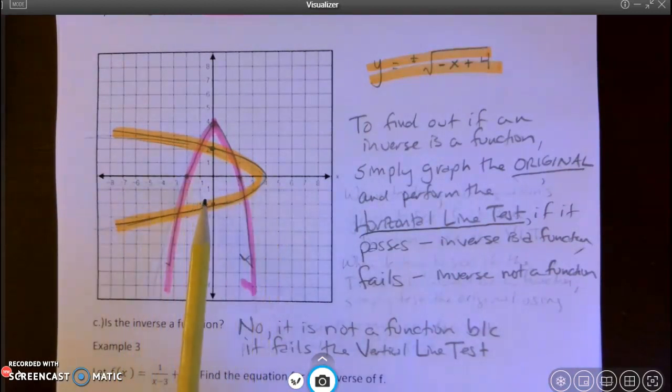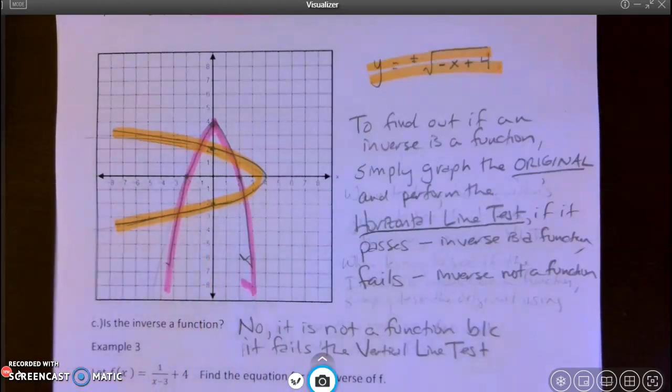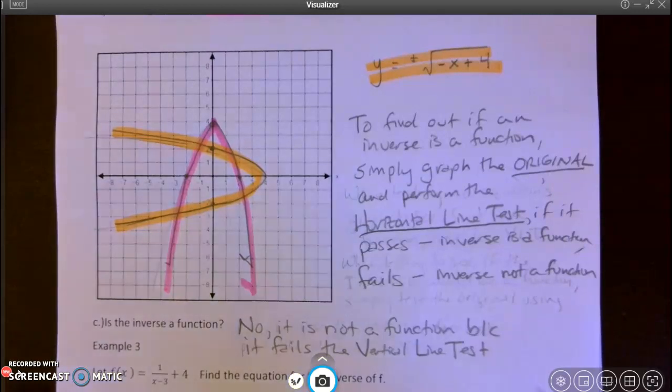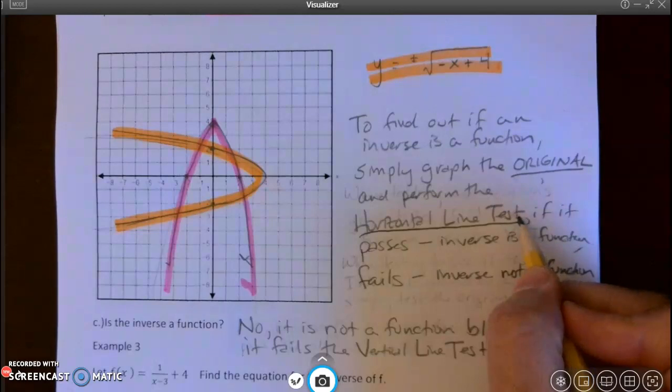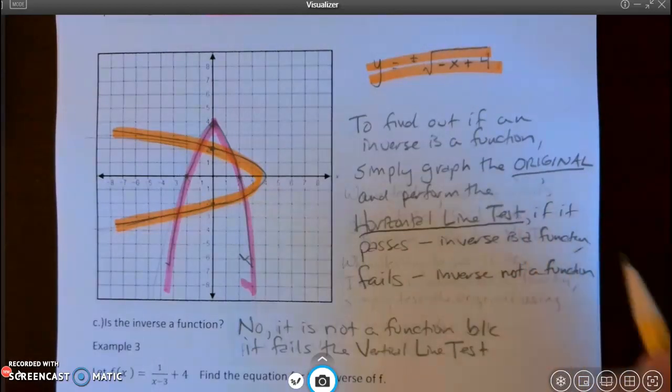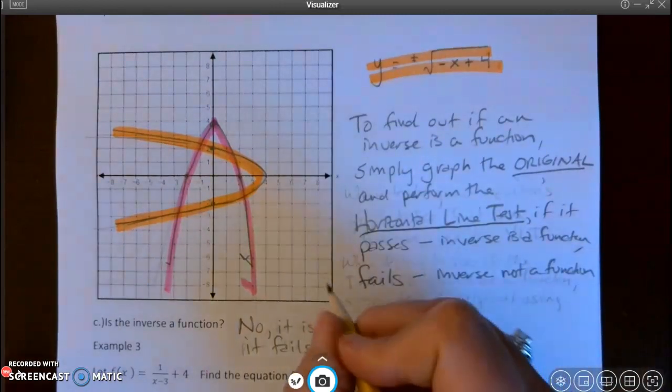Therefore, the inverse is not a function. So the horizontal line test is not performed on inverses. It's performed on the original to make predictions about the inverse. That's really important to note.